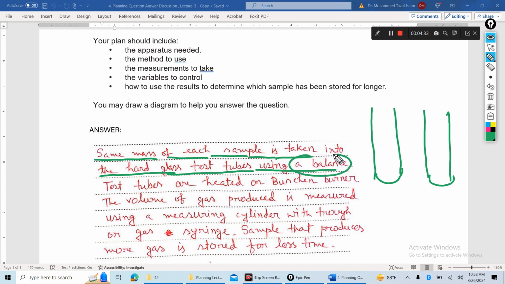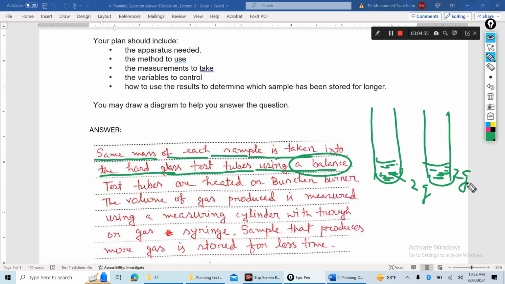Using a balance, same mass, say 2 gram, same mass of every sample is taken into the hard glass test tube.